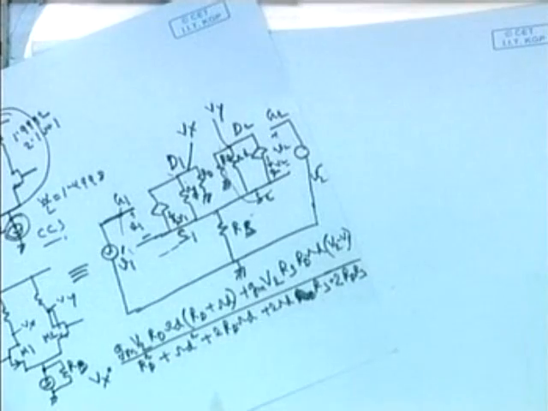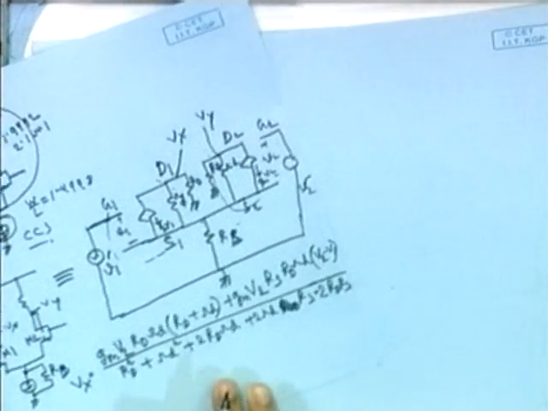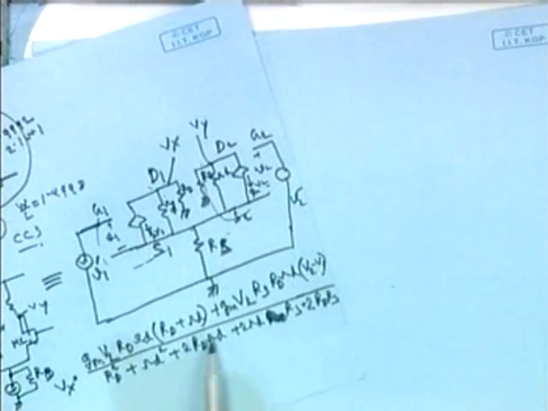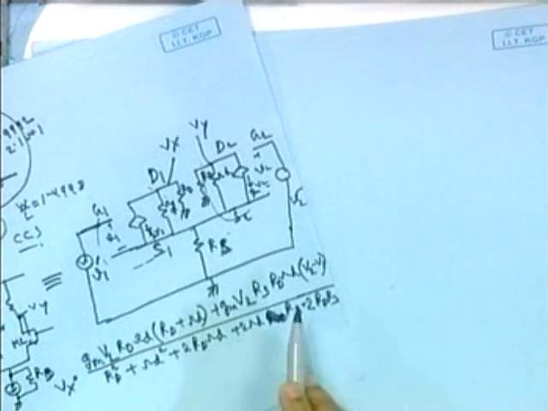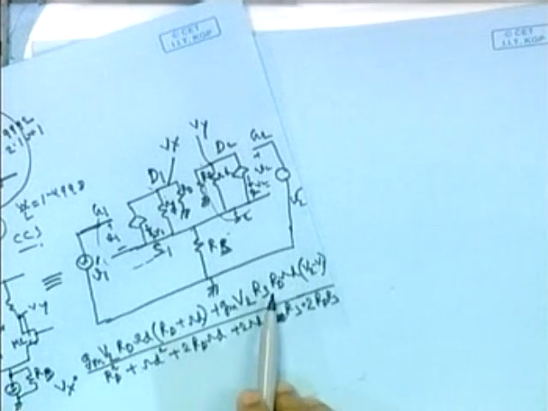So you will be getting something like this. Is that visible? I mean, can you read these things? Okay. So you will be getting this expression.